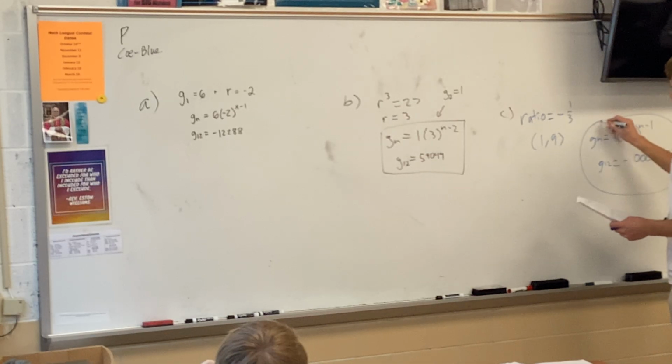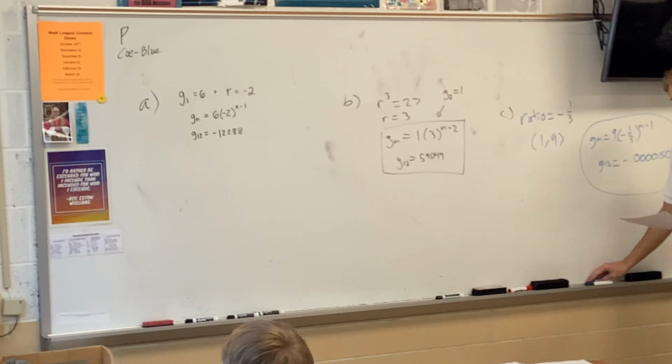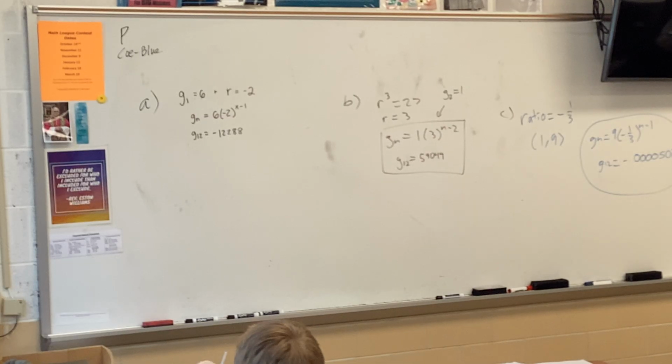Now, letter B, we got a little bit creative on, it's fine. But yours may not look like that, it probably doesn't. But just check to see if your G sub 12 is the same as his G sub 12.